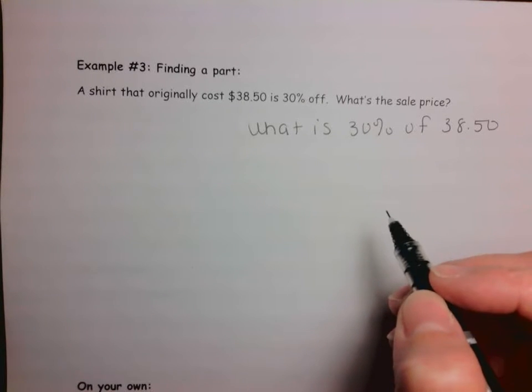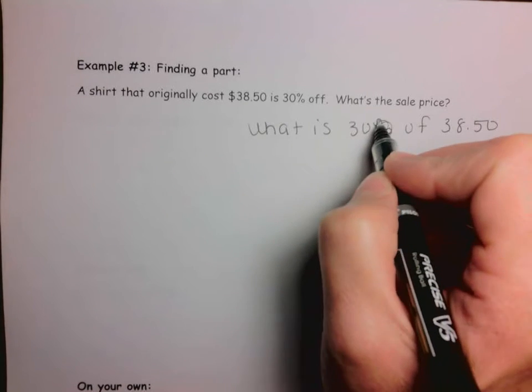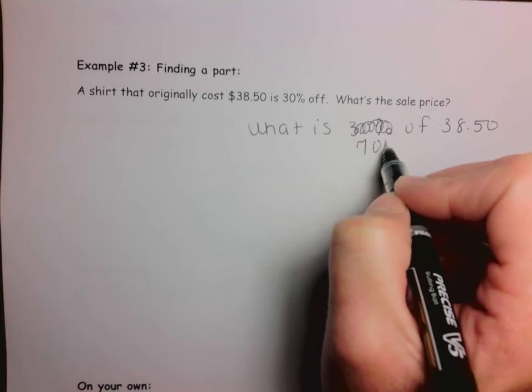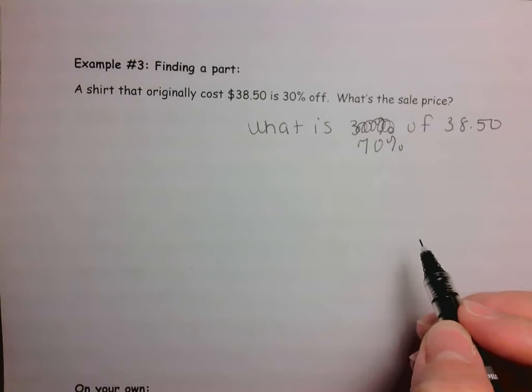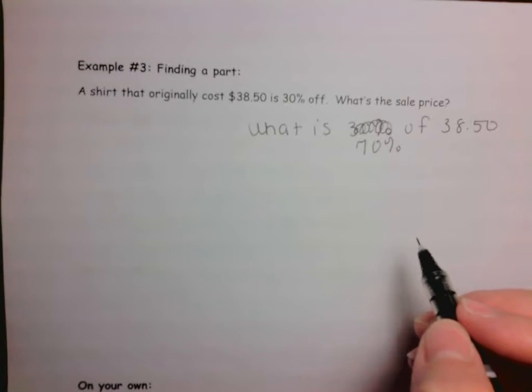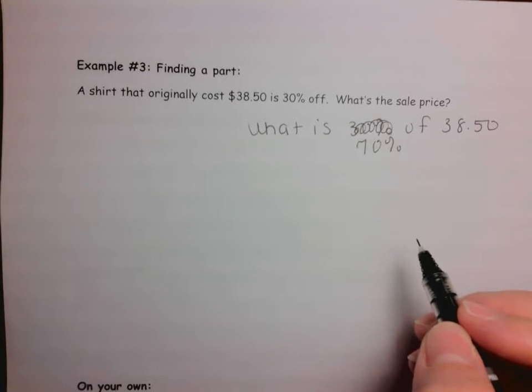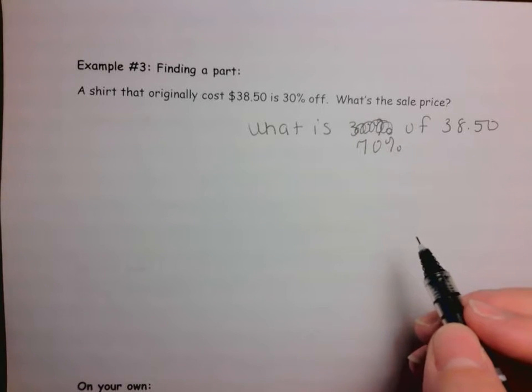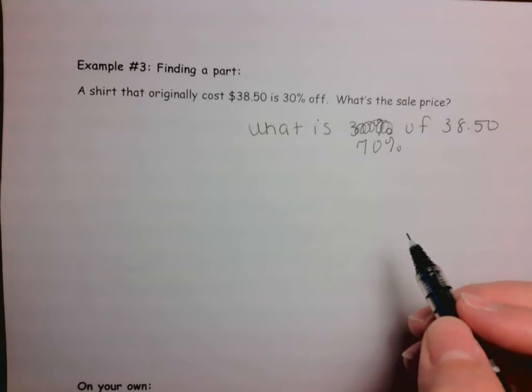So then a better question to ask myself could be this. Well, what is 70% of $38.50? Because that will tell me the total amount I paid. Because my discount was 30%, that means I paid 70% of the original cost.